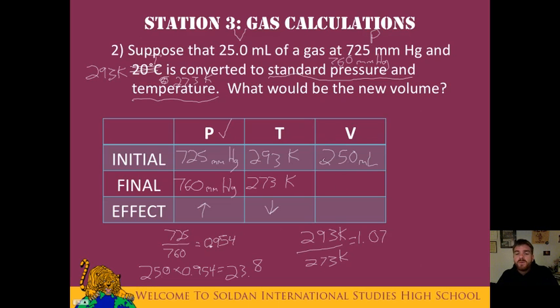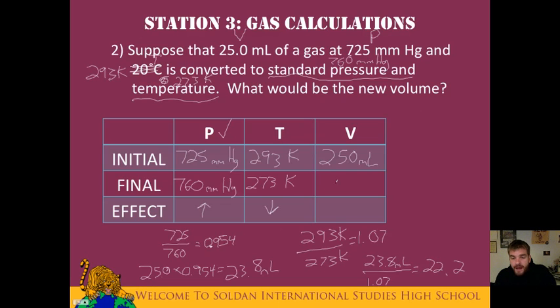Now the trick here is I don't want to start with this 25. I want to start with the volume that I already know has decreased to 23.8. So I'll take my 23.8 milliliters and divide by 1.07 to get a value of 22.2.